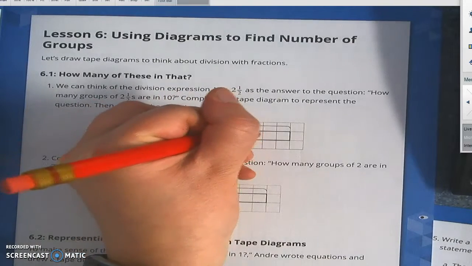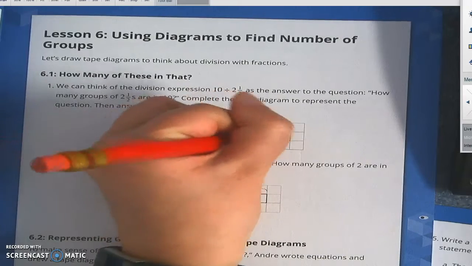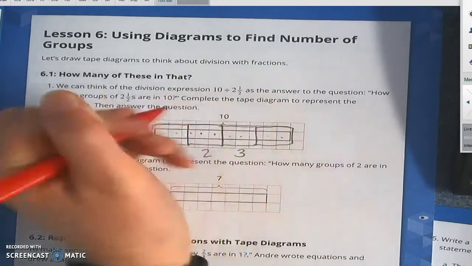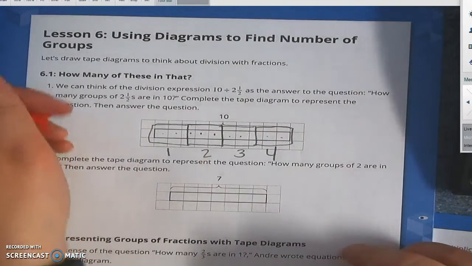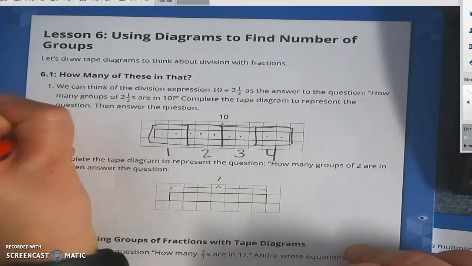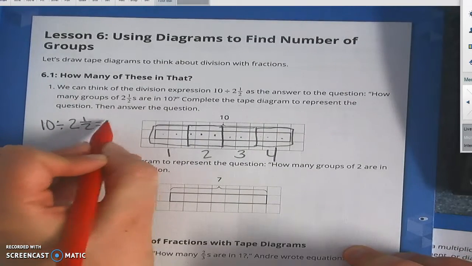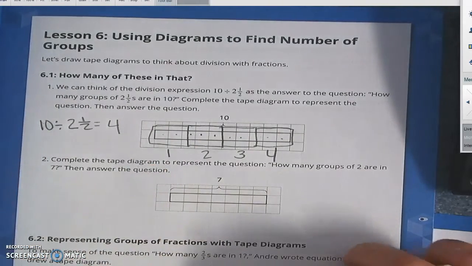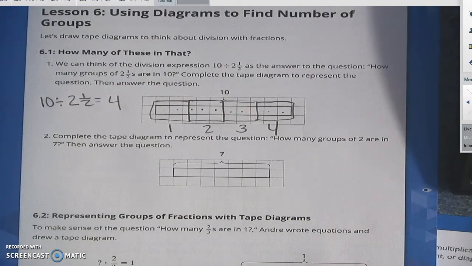Here's 2½ more, so that makes 3 groups, and then another 2½. That makes 4 groups. So then we can write that 10 divided by 2½, so 10 split into groups of 2½, there's 4 of them. So pause to make that diagram.